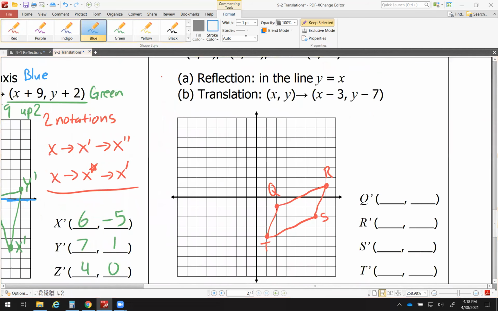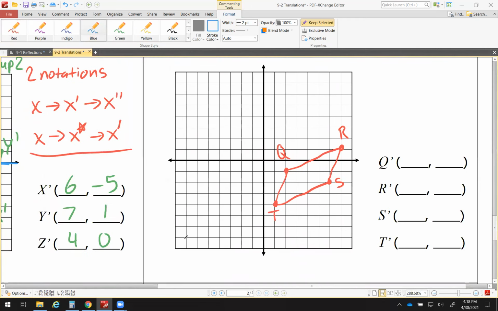And then again in blue, we will apply the first transformation, which is to reflect on the line y equals x. So I'm going to go ahead and draw that line in. Y equals x.